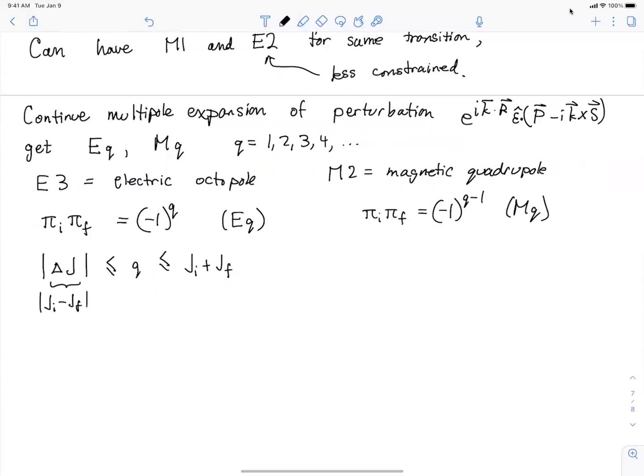So it's just saying that I'm either adding h bar up to h bar q or subtracting h bar q from the initial state to get to the final state. Okay, and then similarly for the change in the z component, that has to be less than or equal to q. These rules are for both EQ and MQ.